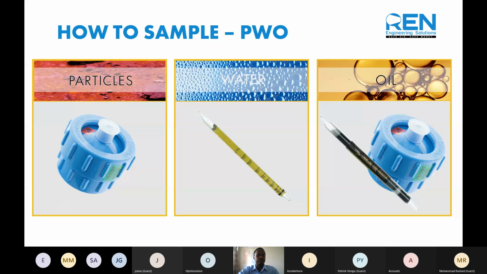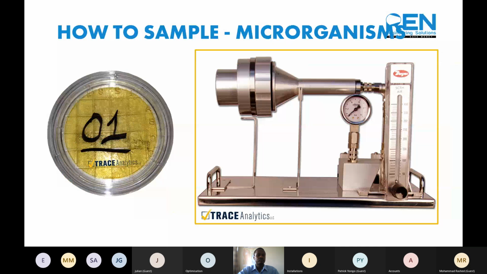And for oil, we use the same filter that is used for particles to capture any oil aerosols, while for oil vapor, we use a charcoal filter. With this, we are able to take a sample of your compressed air and give you a report that details what purity class your compressed air meets.